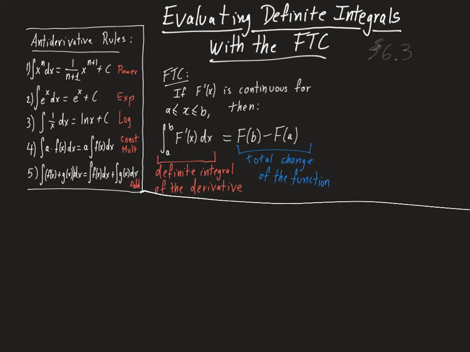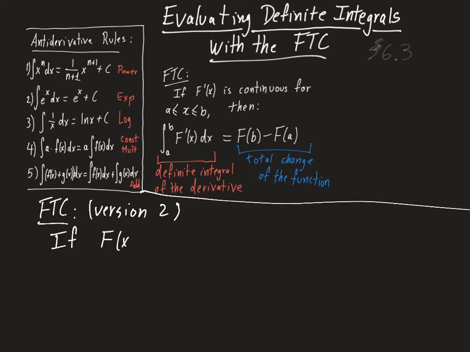And here it is. So I'm going to call this FTC. These are both the same statement. I'll call this version B, or version 2, which states the following.